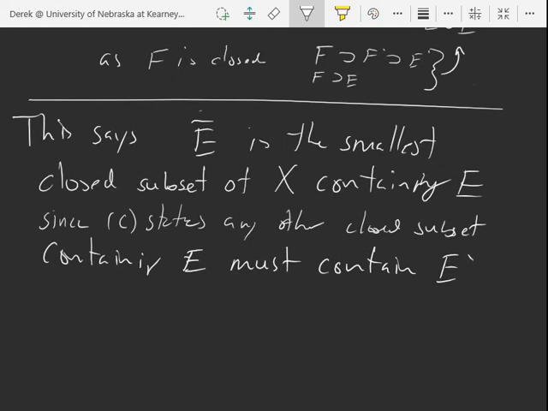So we can kind of generate what the closure is by looking at closed subsets and making them as small as possible, taking the intersection of all the closed sets.